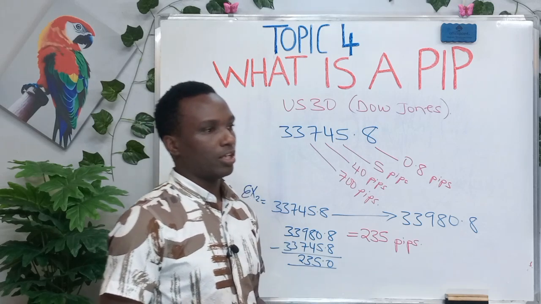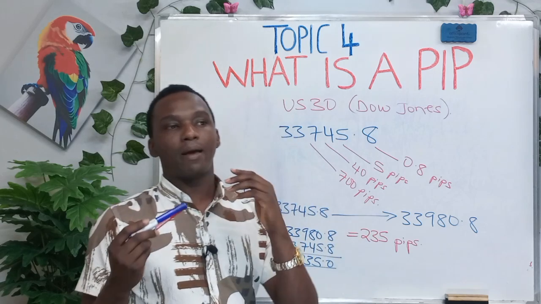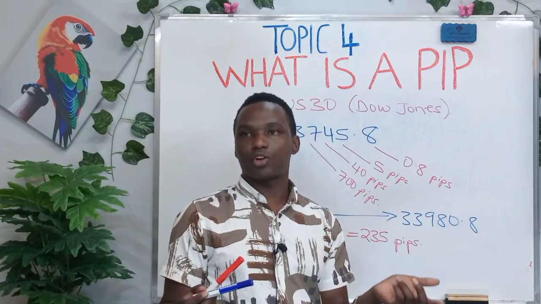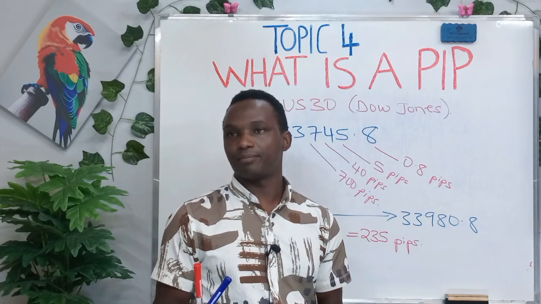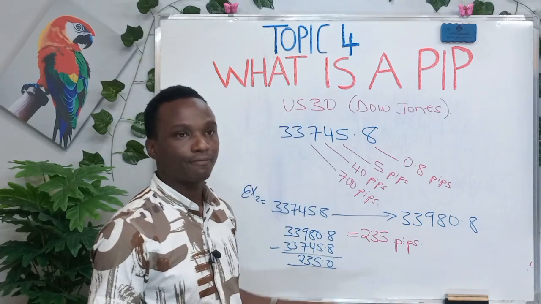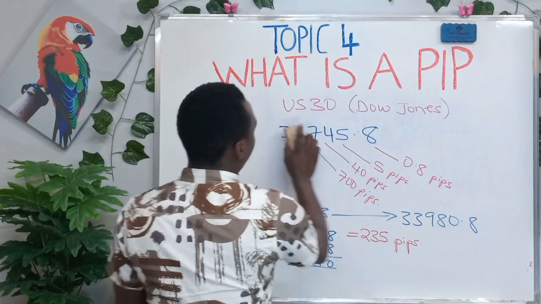All right. So in the next session, we are going to calculate the pip of cryptocurrencies like Bitcoin and Ethereum. Any question before I wrap this? No question? Any comments?